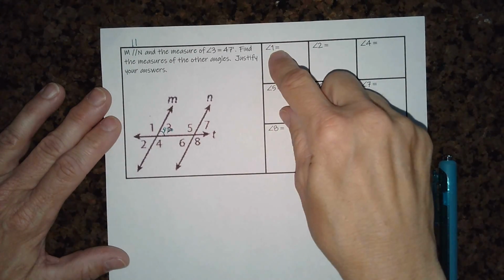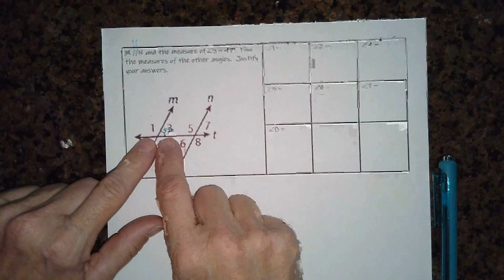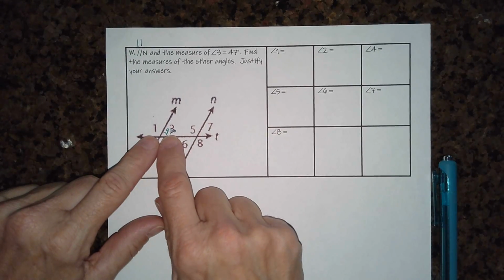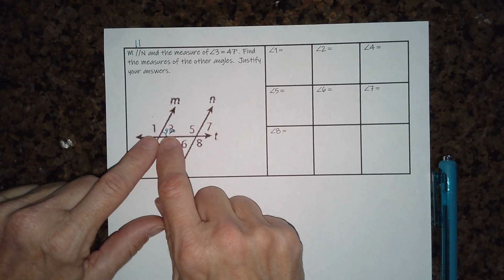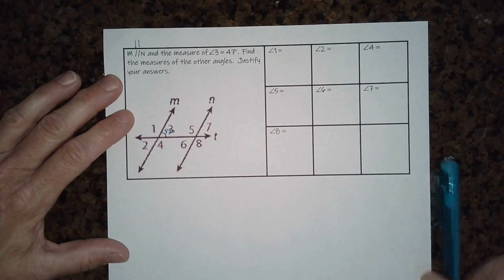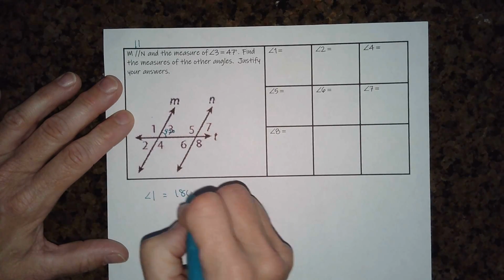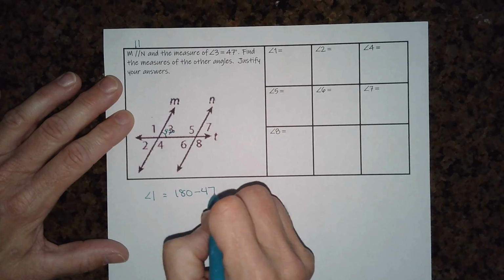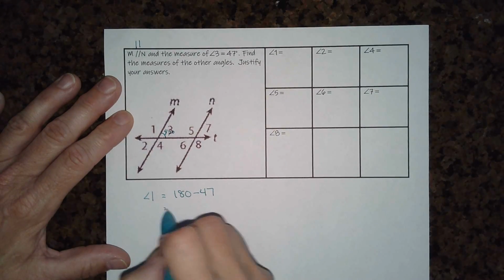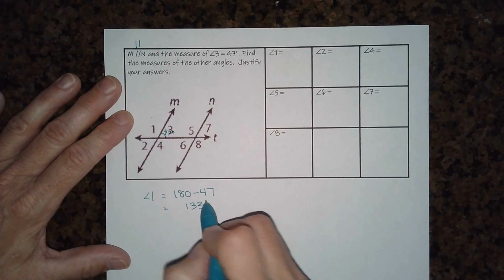So we'll start with angle 1. What's the relationship between angle 3 and angle 1? Well, they are a linear pair, so the sum must be 180. So angle 1 would be 180 minus 47, which I'm pretty sure is 133.